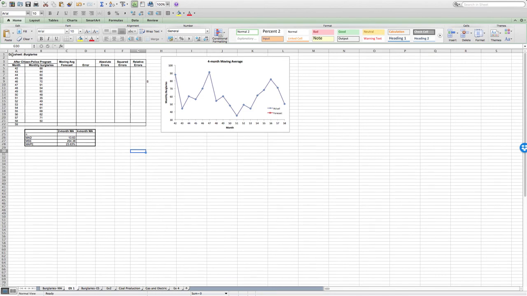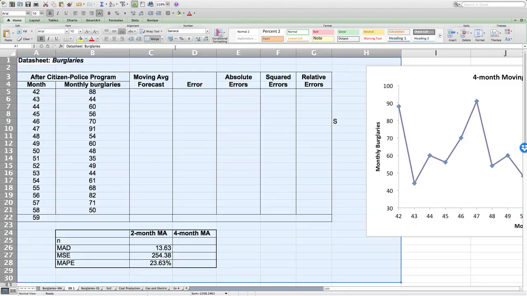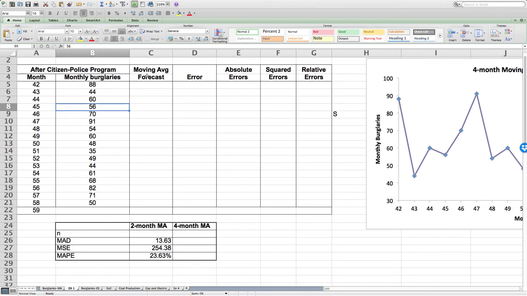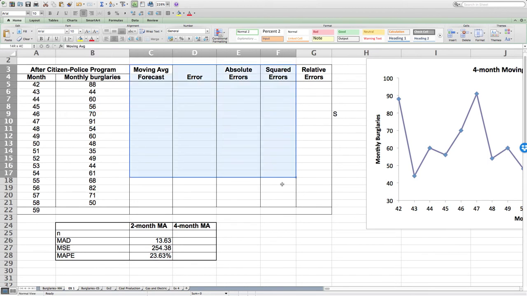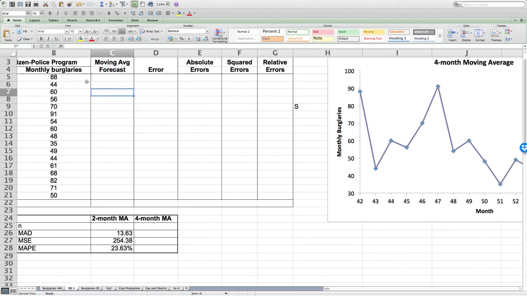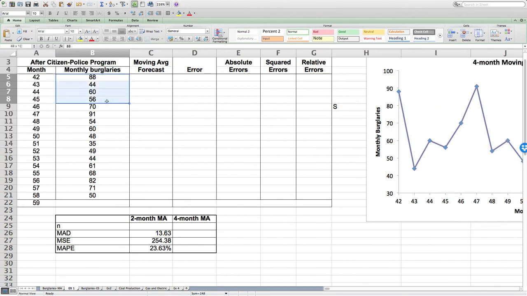What you see here, let me zoom in a little bit so that you can see the selection better. We have exactly the same data, and these are the templates for you to fill in. The first column you need to fill in is the forecast column. Remember, k is equal to 4 here, so we need to use the first 4 data points to come up with a forecast for this one right here.